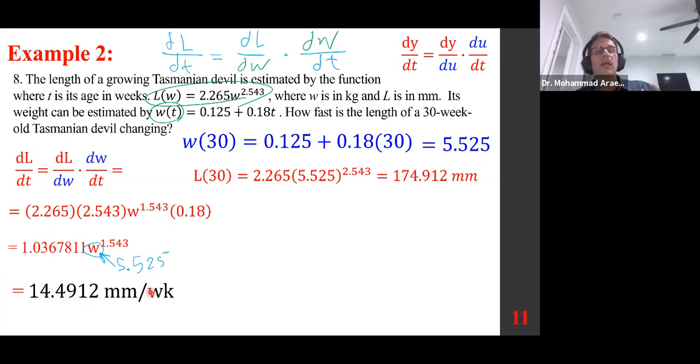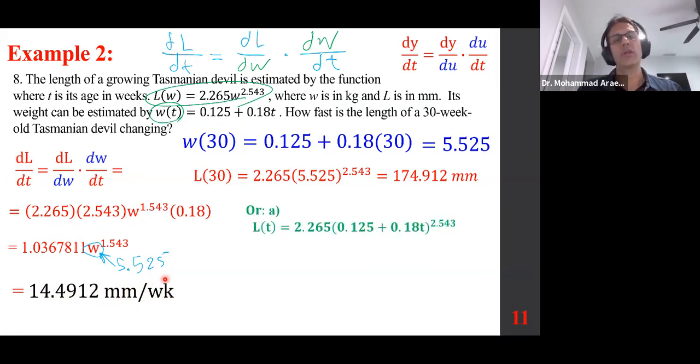That means the 30-week Tasmanian devil is increasing in length on week 30 or after week 30 by this much. 14.5, let's say, millimeters per week. Again, units of dl over dt. Do you see that? dl, millimeters, dt in weeks.